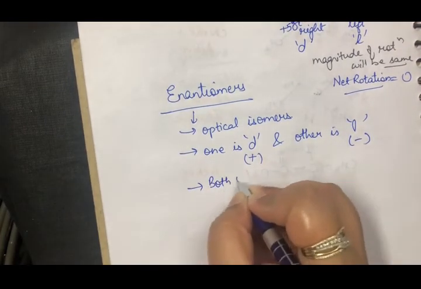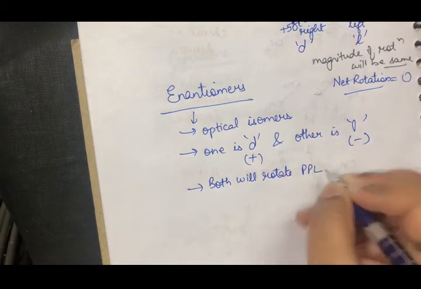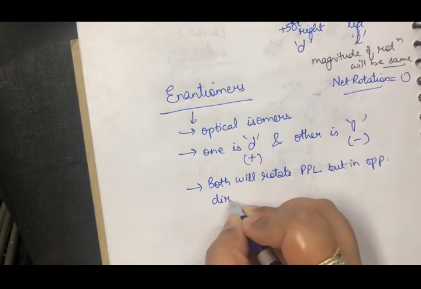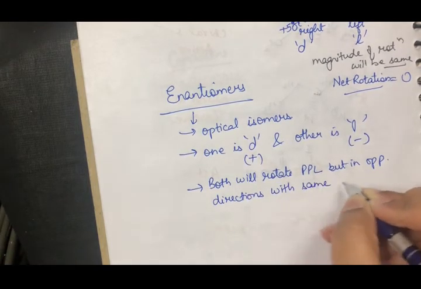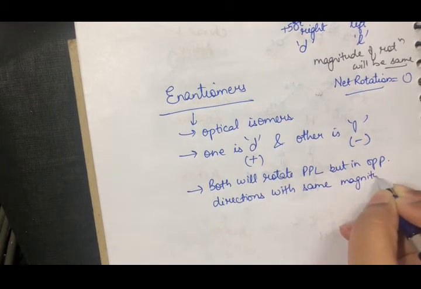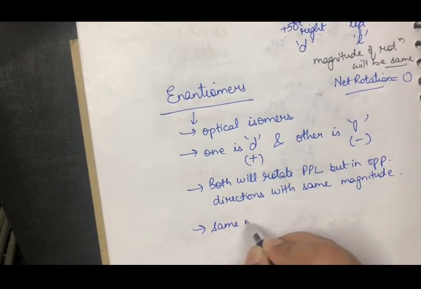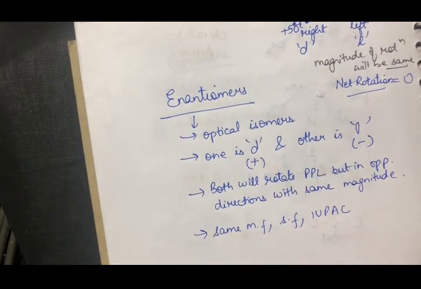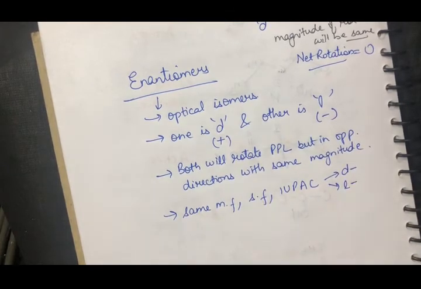Both will rotate the plane of polarized light, but in opposite directions, with the same magnitude. घूमेगा सेम अमाउंट में, पर एक राइट साइड पे, एक लेफ्ट साइड पे. तो अगर बेसिकली देखा जाए, ये मेरे आइसोमर्स थे तो इनका मॉलिक्यूलर फॉर्मूला सेम है, इनका स्ट्रक्चरल फॉर्मूला सेम है, इनका IUPAC नेम सेम है. IUPAC में क्या फ़र्क आएगा, डेक्स्ट्रो के नाम के आगे मैं D लगा दूंगी और लेवो के नाम के आगे मैं बस L लगा दूंगी. That would suffice for what I wanted to say.